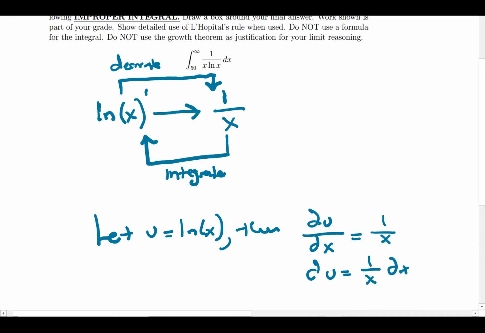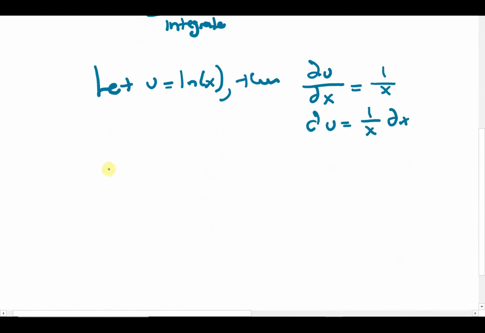So we took care of the 1 over x dx component, and we also have 1 over u for the 1 over ln x. So we know 1 over u is just 1 over ln x.